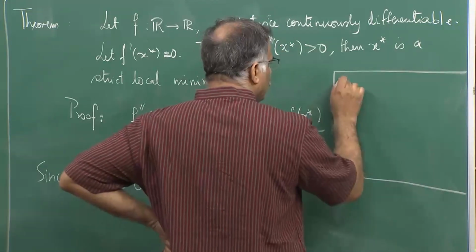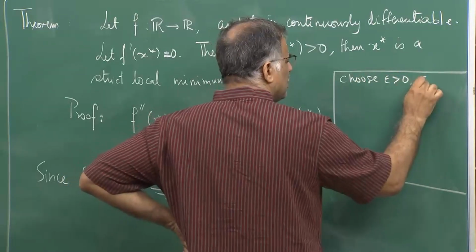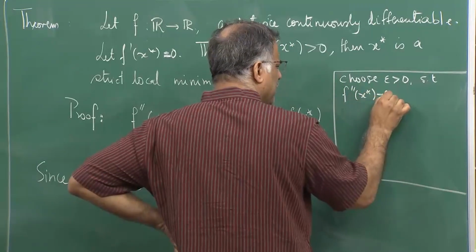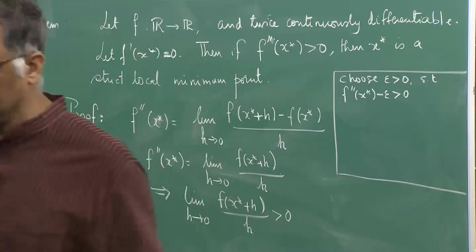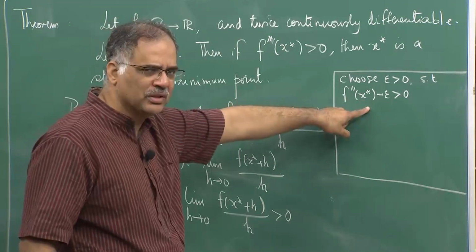Choose an epsilon greater than 0 such that f double dash x star minus epsilon is strictly greater than 0. This is possible because f double dash x star is strictly bigger than 0. So, if I take away a very small quantity, it will still remain positive. Between 0 and any positive number there are infinitely many positive numbers, and that is the key of making this statement. So, I can choose this.